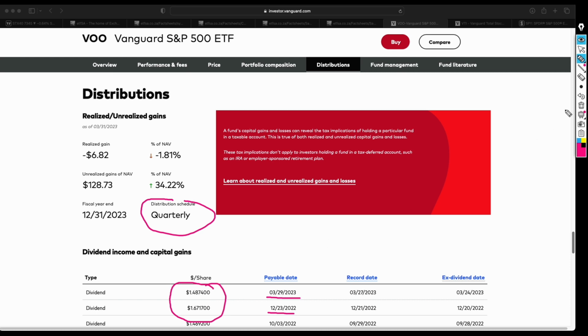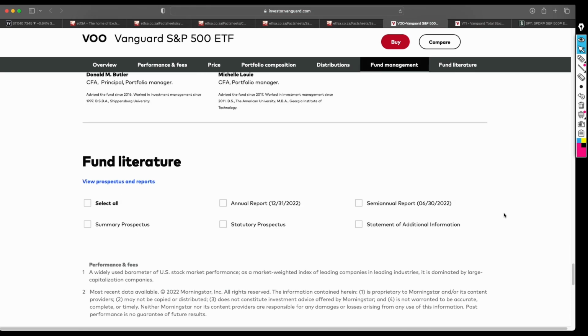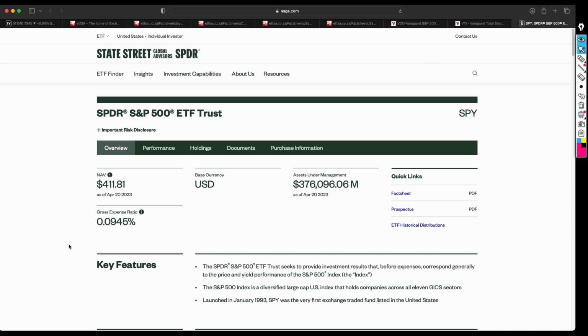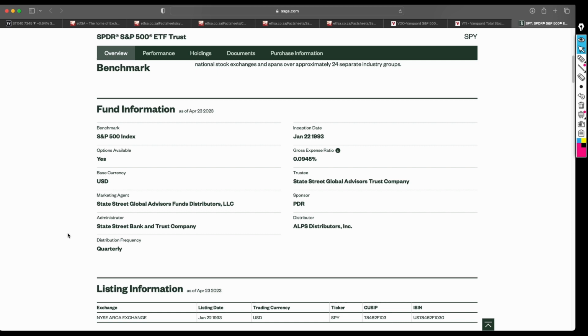But some of you guys are dividend investors, you are comfortable with those numbers, and there's not so much to complain about. It is similar to this SPDR, but we've already established that this one costs about 0.1%, and it has similar things in terms of the companies they are tracking.